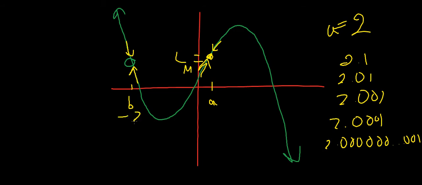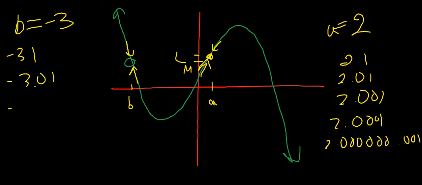So maybe B is equal to -3. Maybe we look at -3.1 or -3.01 or -3.001 or -3.0001.